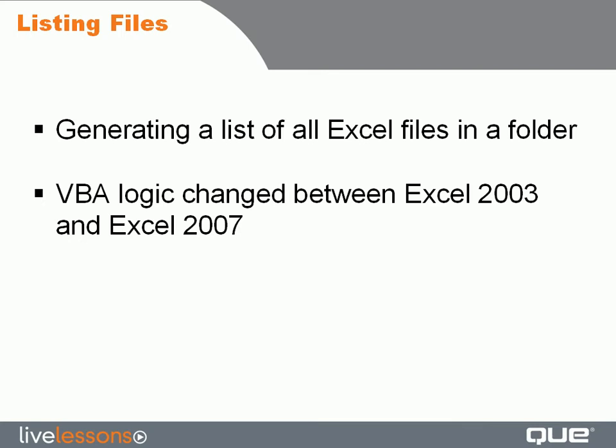The very frustrating thing with this great utility is that the logic to do this in Excel 2003 and all previous versions was removed from Excel 2007. And we were kind of scratching our heads when we saw this. Did they think this was a security threat, being able to list all the files in a folder? Why did they take it out?